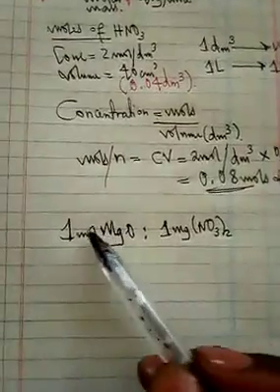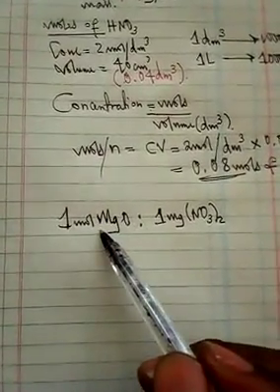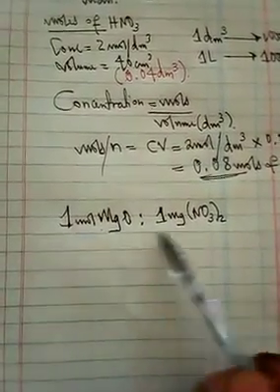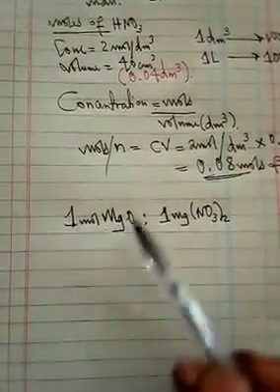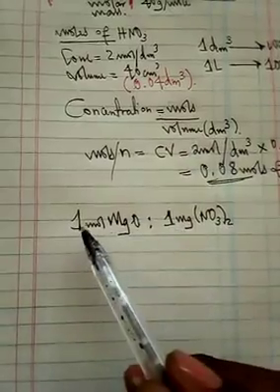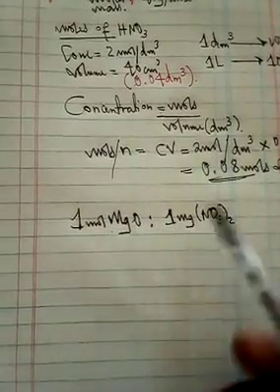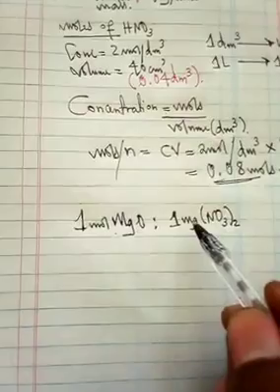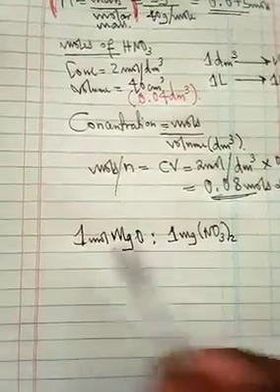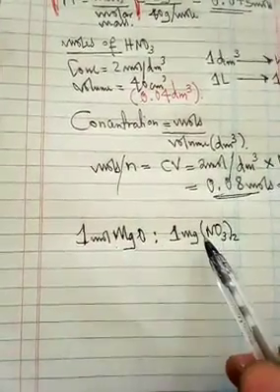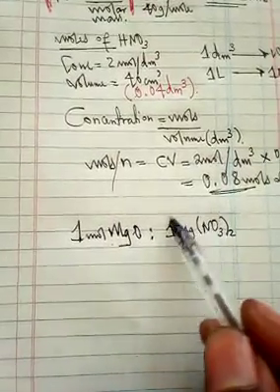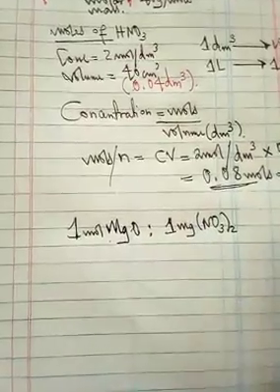Now, once we establish the mole ratio between the magnesium oxide and the magnesium nitrate, we need to interpret it very well. If the mole ratio is 1 mole to 1 mole here, I forgot to write the word mole, but it's fine, then it means that the number of moles of magnesium oxide and the number of moles of magnesium nitrate are the same.